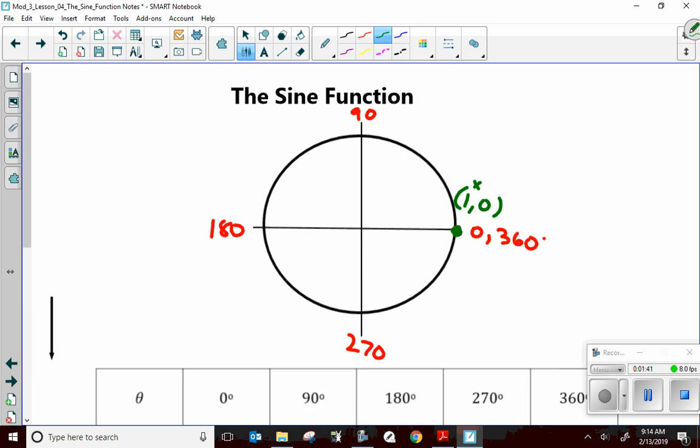That's my x and that's my y. This coordinate here is 0, 1. That's my x, that's my y. This coordinate here is -1, 0. That's my x, that's my y. And this point down here is 0, -1. That's my x, that's my y.